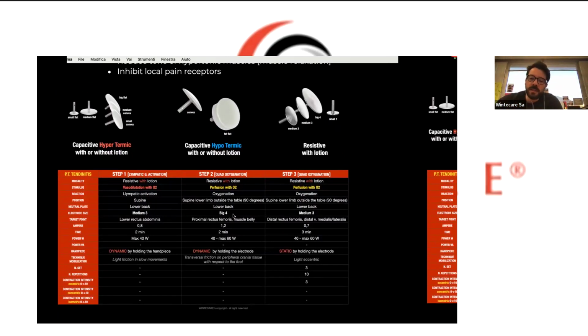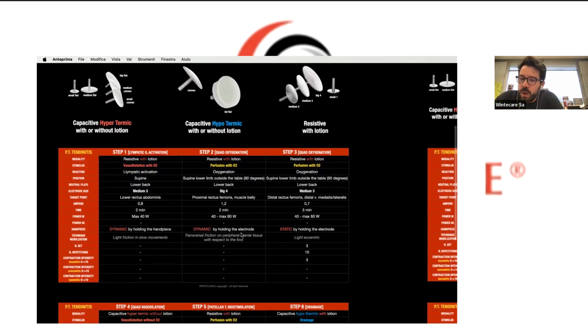Then, step 3, resistive with lotion, perfusion with O2. Still oxygenation. Once again, supine, lower limb outside the table, the plate at the lower back, and we go distal rectus femoris, so from proximal to distal. 0.7 ampere is enough, 3 minutes, 40 watts.